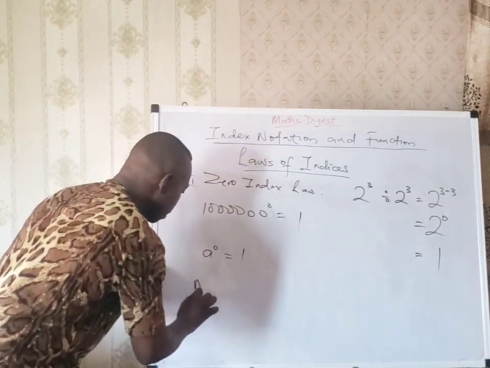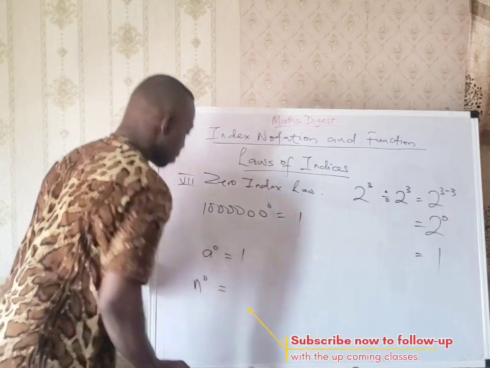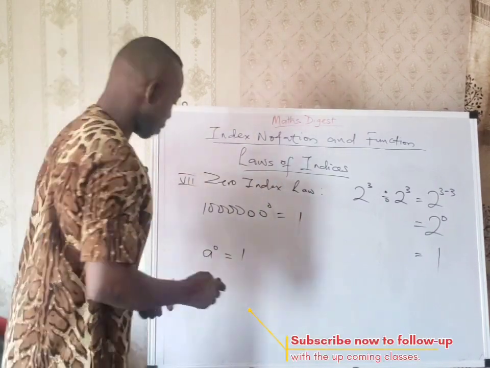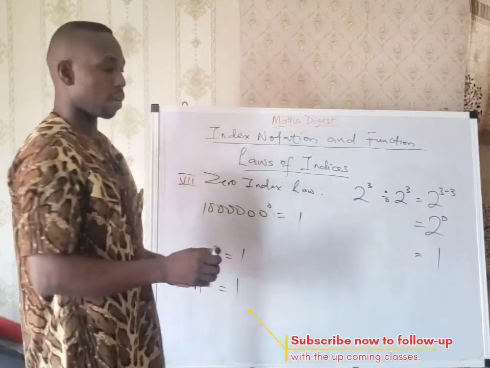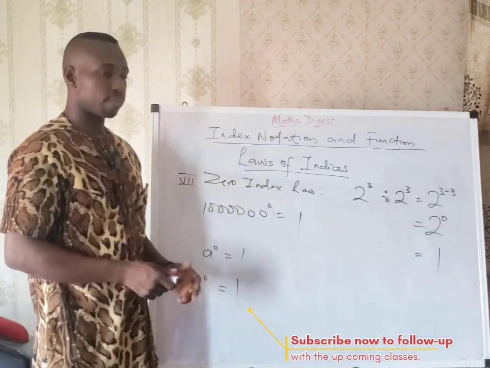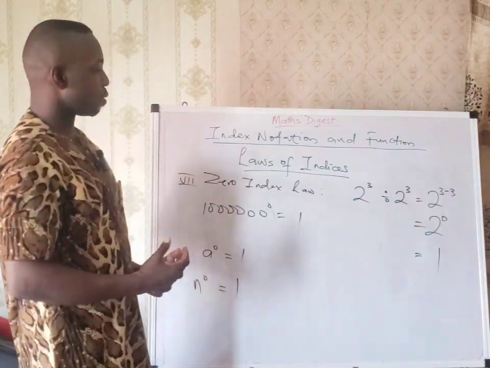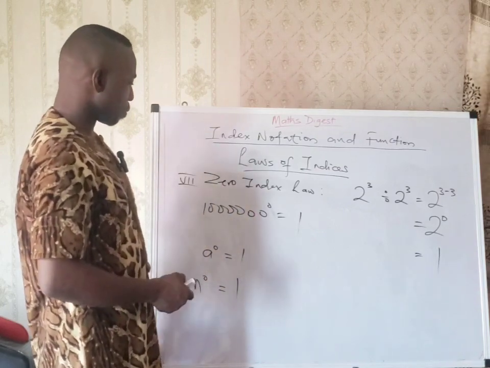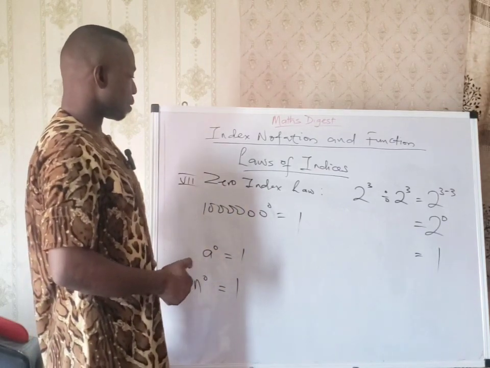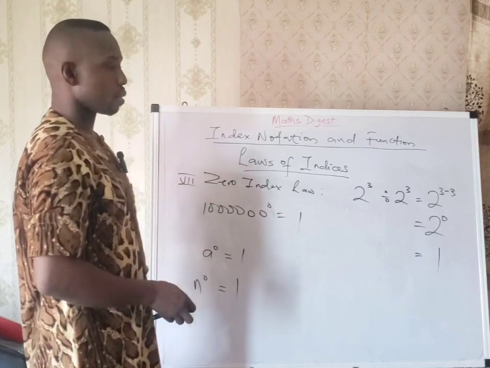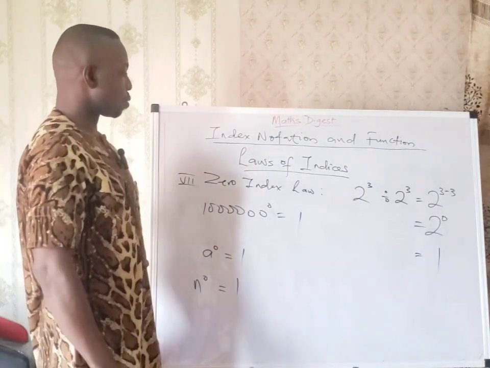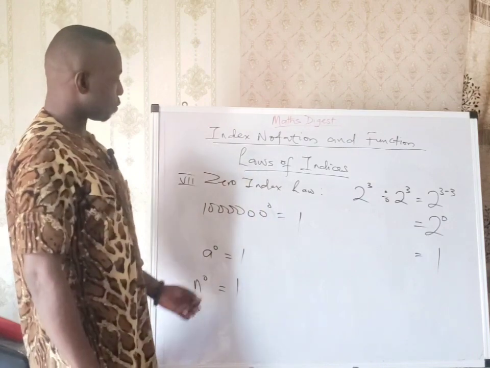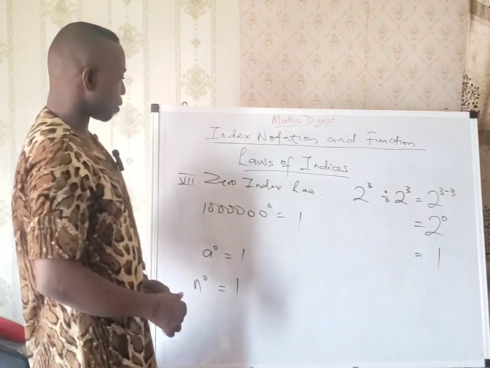If you have n raised to power 0, that n can be any number, it is equal to 1. Any number you raise to the power of 0 will give you 1. That's the zero index law. Now we are going to take the negative index law.